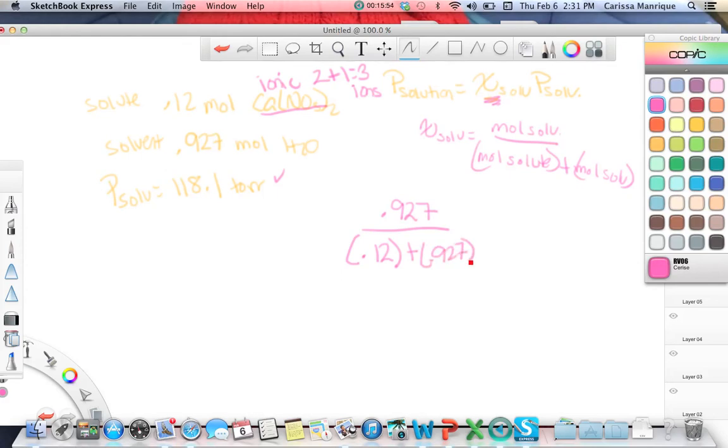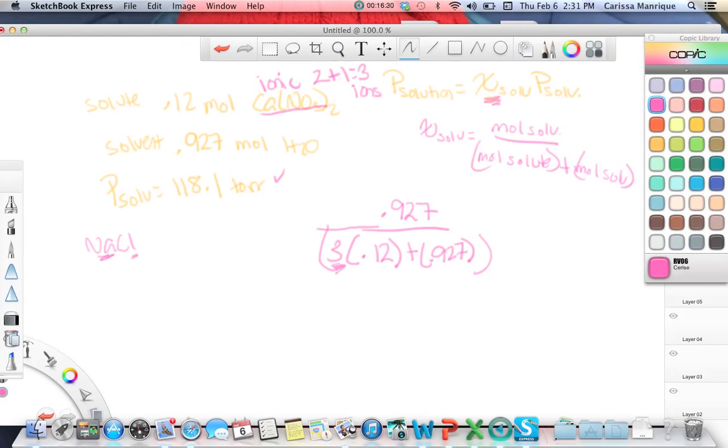Now here's where it's going to change a little bit. We have 0.12 moles of that, but it's going to break up into 3, so we have to multiply the solute molecules by 3. This is the new number you need to add in if you have an ionic compound. If it was NaCl, for example, you have 1 sodium, 1 chlorine, so you would put a 2 there.